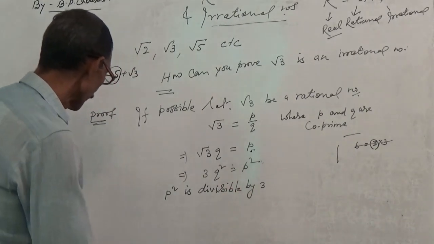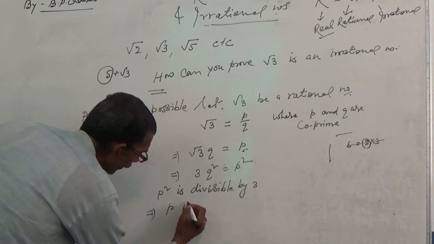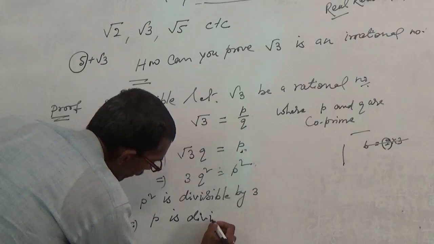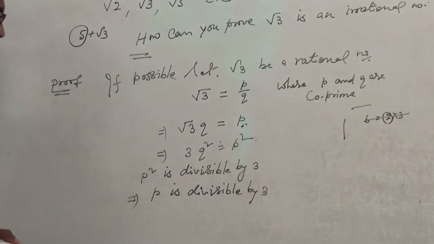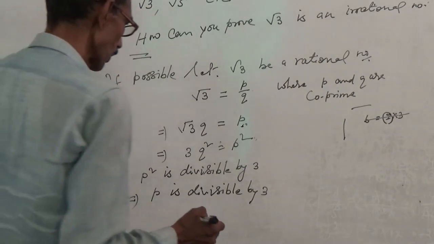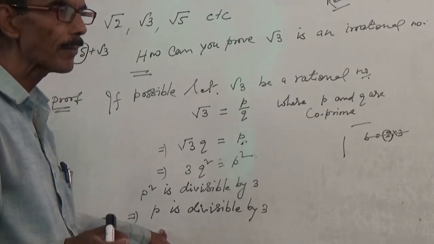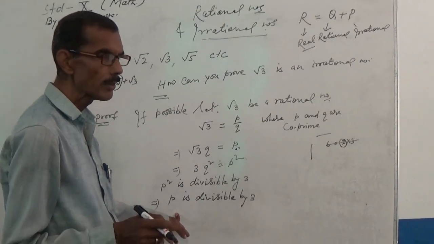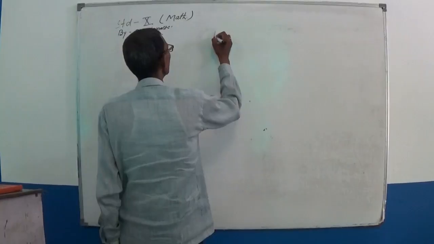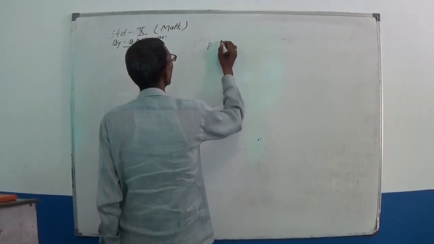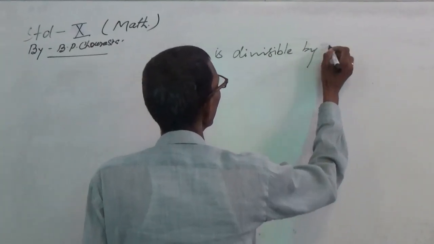Clearly, this implies p is divisible by 3, because if the square of a number is divisible by something, then the number is also divisible by that thing.